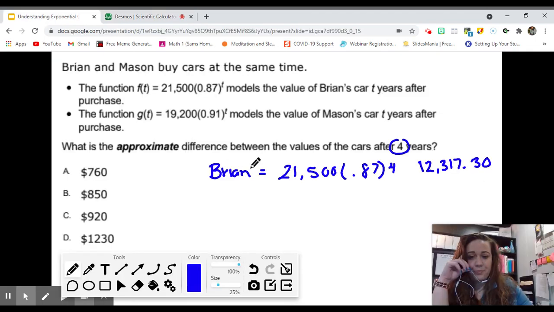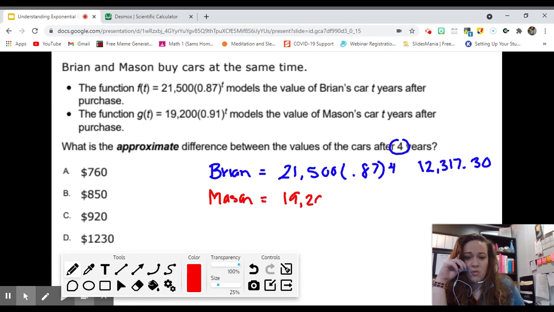Now the next equation is for Mason. Mason's is 19,200 times 0.91. I went dyslexic on y'all there for a second.